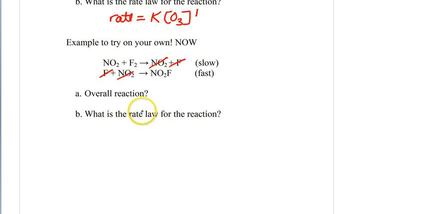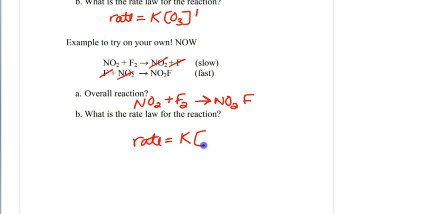If this is the way, then you would end up with NO2 and F2 yielding NO2F. So then the rate law for the expression would be K, NO2, and F2. Yep, that would be it.